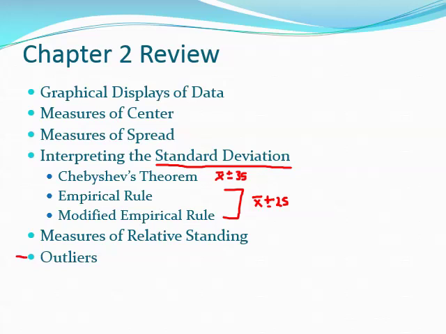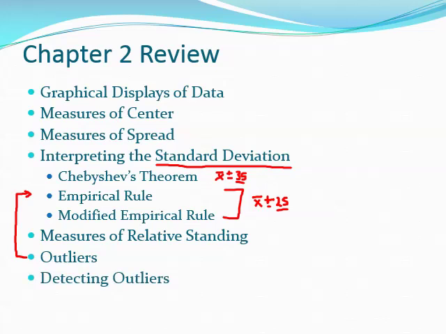This topic defines outliers based upon which rule we're looking at. If you're working with Chebyshev, values that fall more than 3 standard deviations away from the mean are considered outliers. If you're working with the empirical or the modified empirical rule, it's outside of 2 standard deviations. And then the last topic we looked at was 2 different methods for detecting outliers.